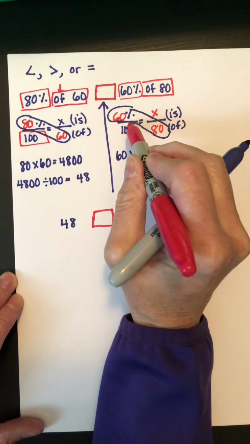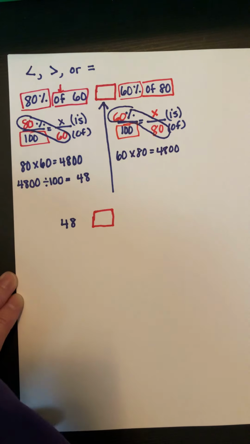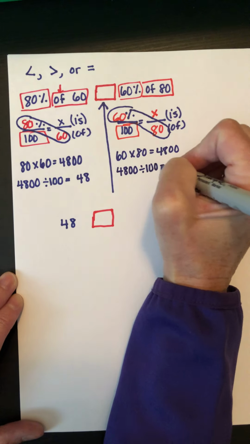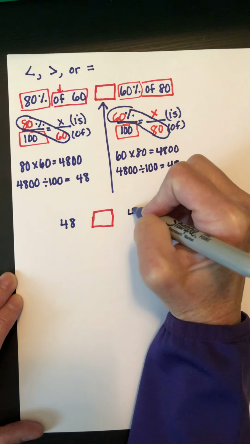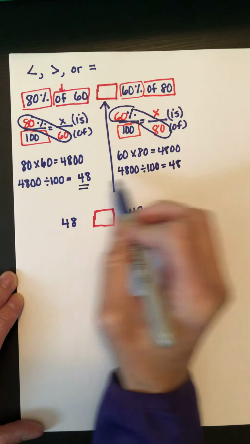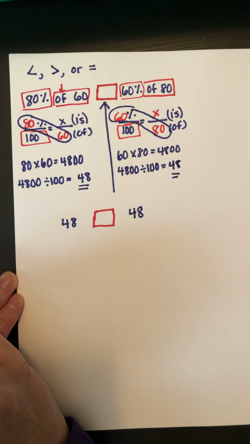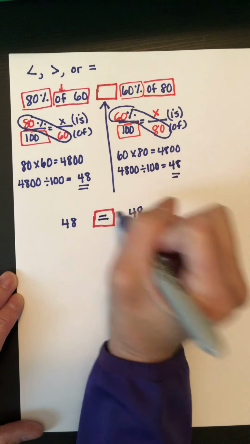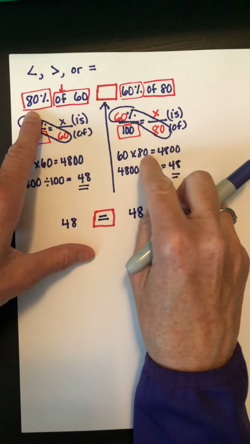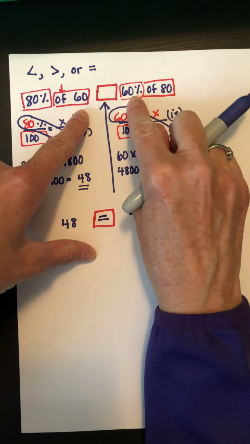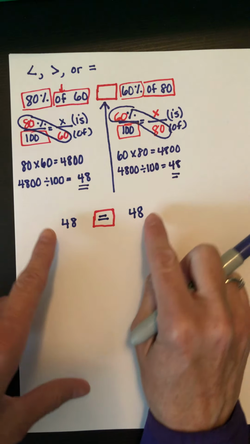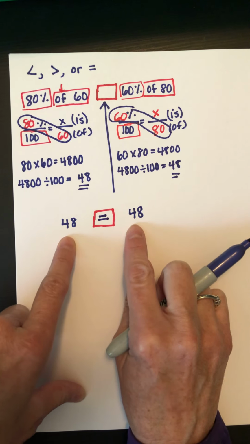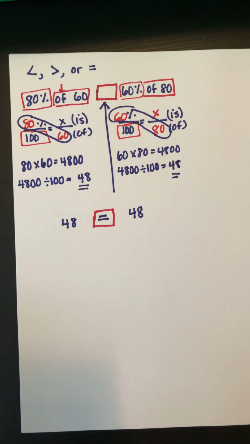And then I'm going to divide by 100. So 4,800 divided by 100 equals 48. My answers here are actually the same. Since they're the same, I'm going to use my equal sign. I'm going to say 48 is equal to 48. So here I have 80% of 60, but here I have 60% of 80. Well, the number still equals out. My part of my whole is still 48, so therefore the number is equal.